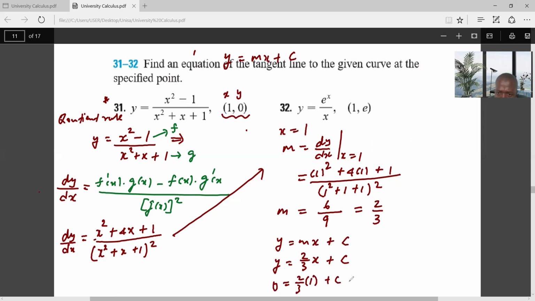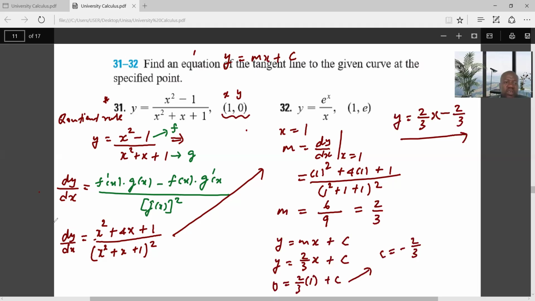So the value of c is negative 2 over 3. So the equation of the tangent line is y equals 2 over 3x minus 2 over 3. That is the equation of a tangent, ladies and gentlemen.